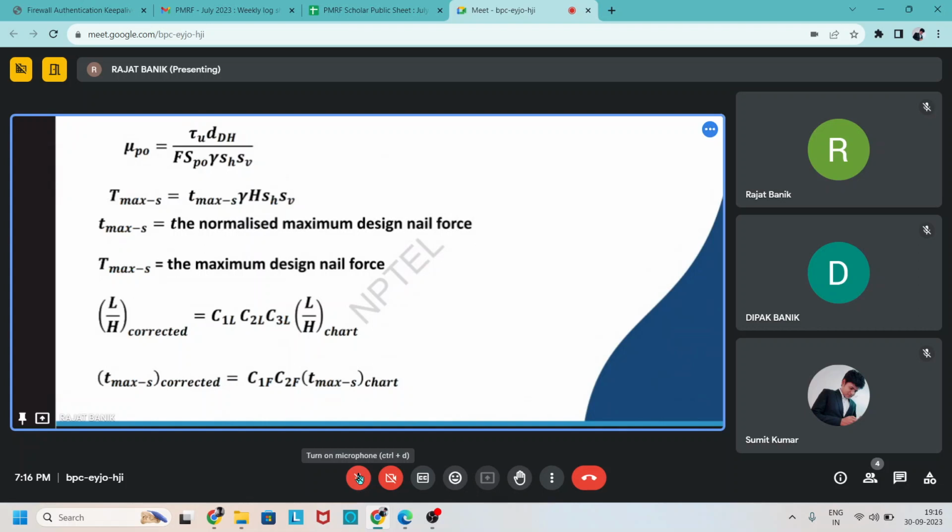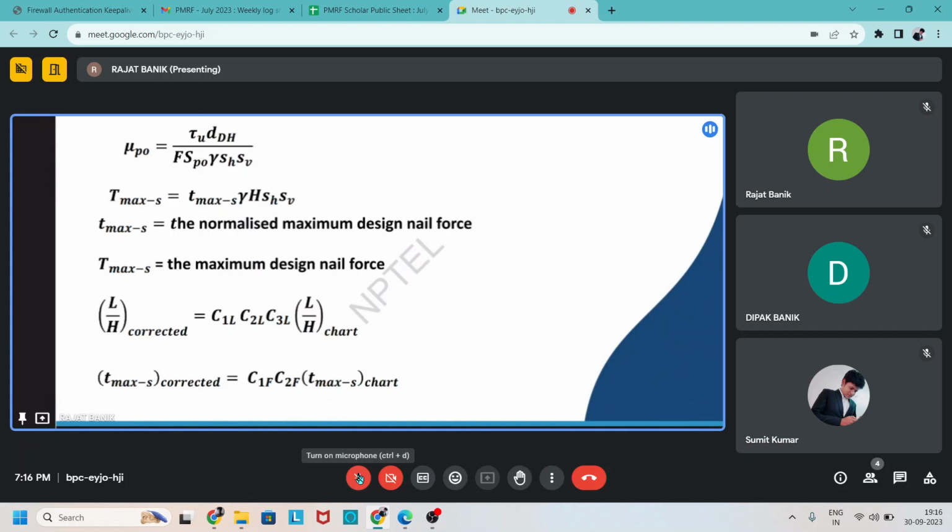And for finding out the length of the soil nail, we use L by H corrected is equal to C1L, C2L, C3L into L by H, which we get from the chart. To find out the normalized design nail force corrected, we apply C1F into C2F into maximum nail force.